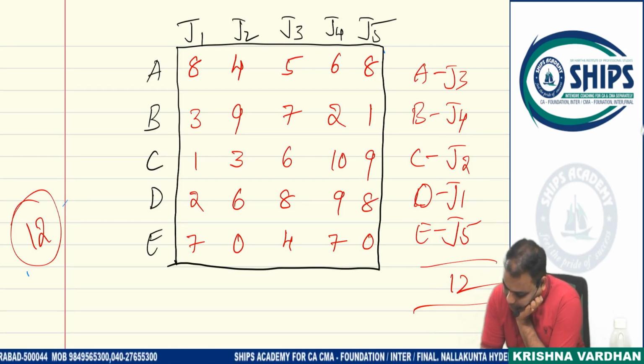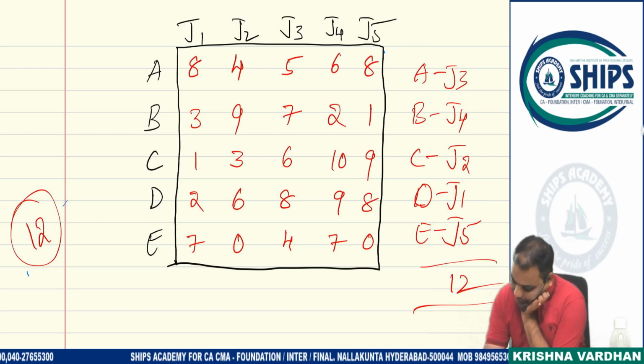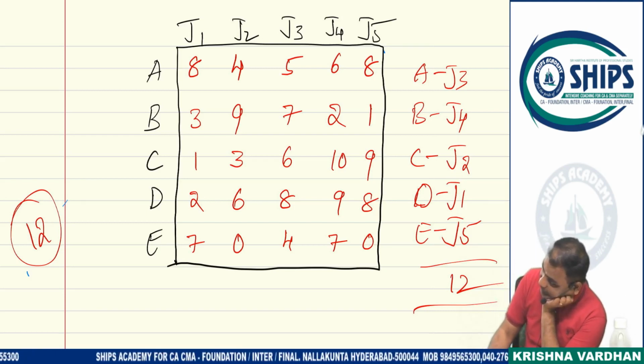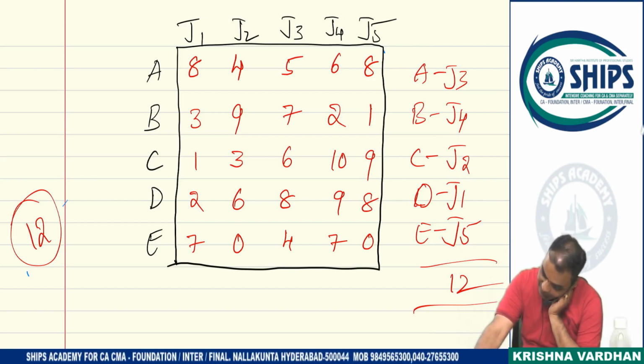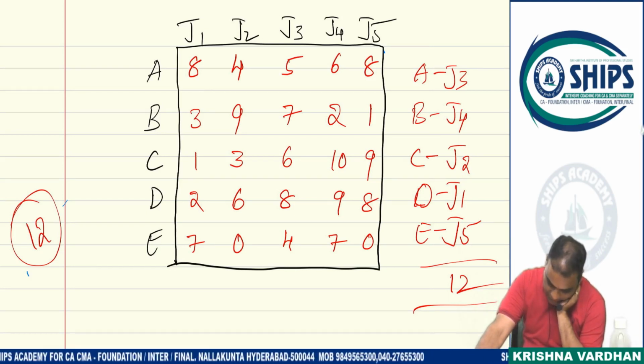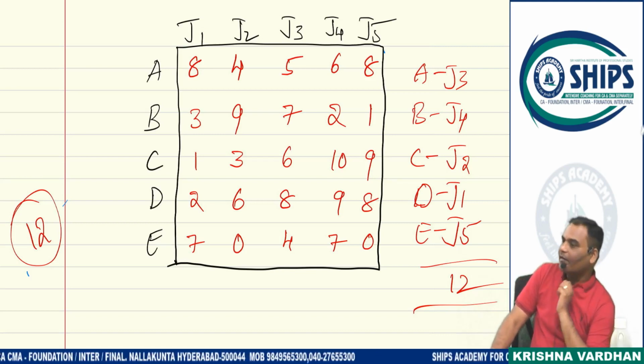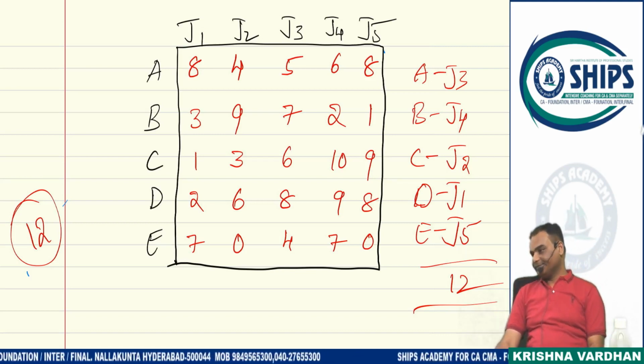Select. Nothing. Select cross, select. Got it? Just see now. A3, B4, C2, D1, perfect. Anybody else?